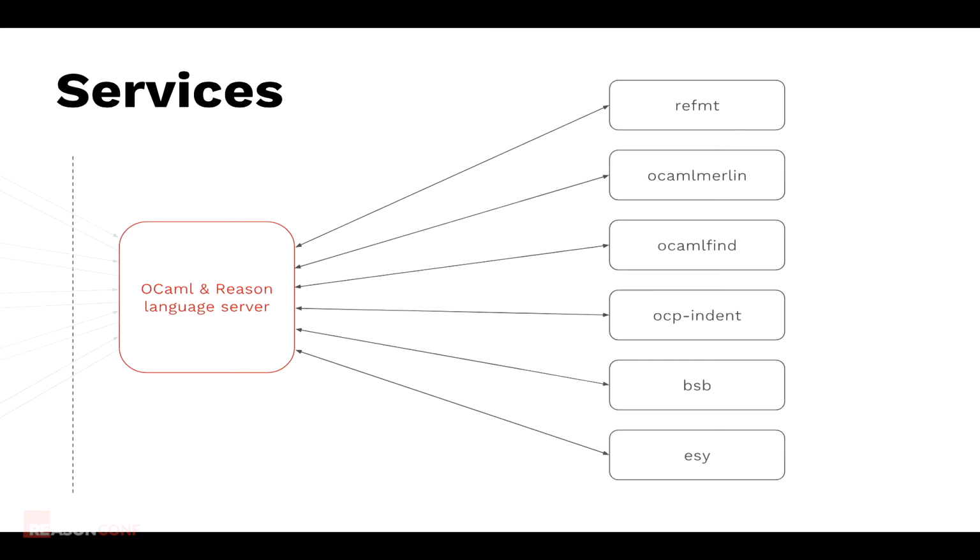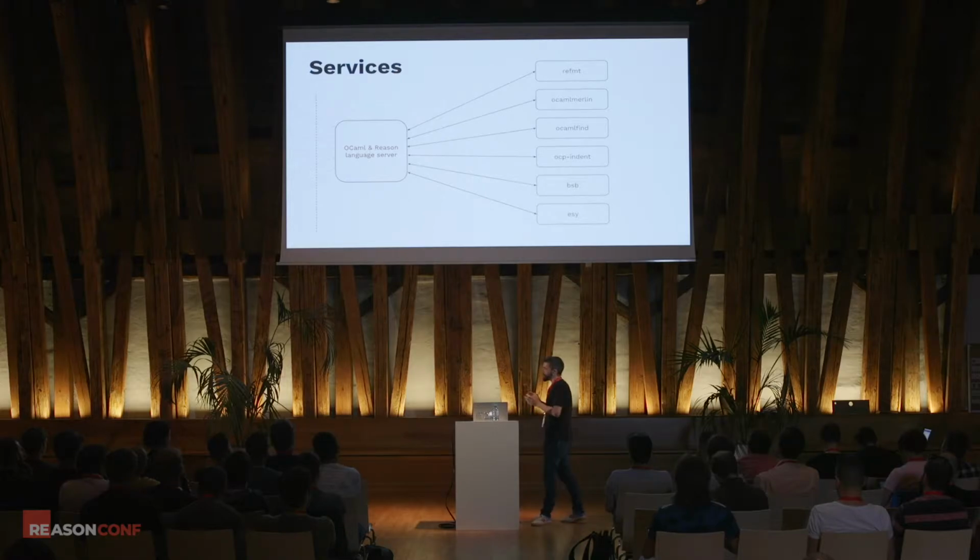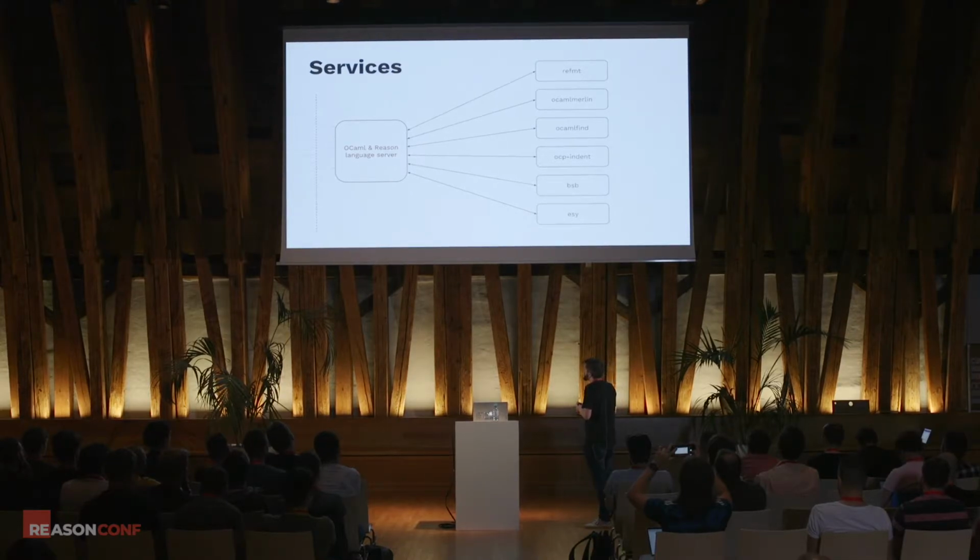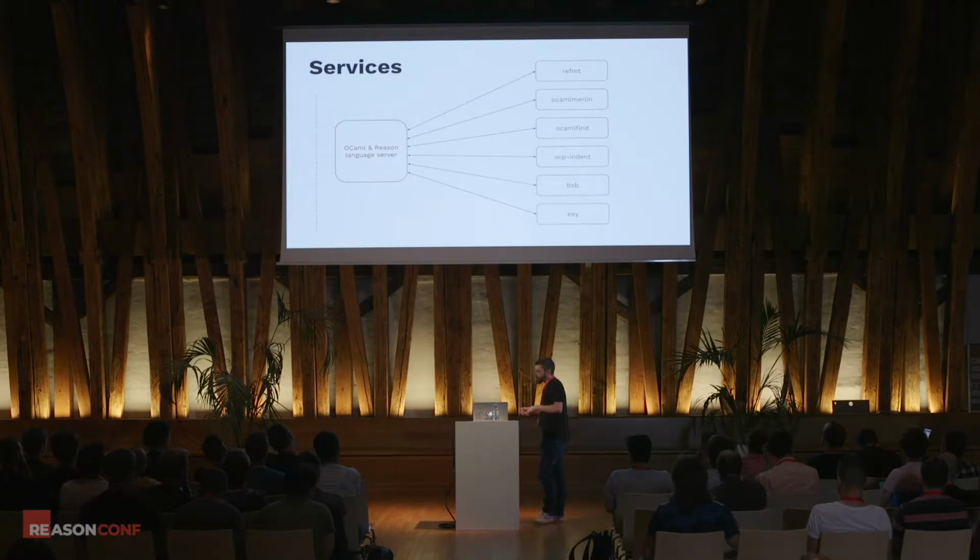So we have here reformat, Merlin, which does a ton of work too, and this was mainly the work of Let Dev. I forgot his name now, but also another individual that has contributed a great piece for the editor integration to get better. OCamlFind, ocp-indent, BSB, and ESY. There can be more in this list in the future.